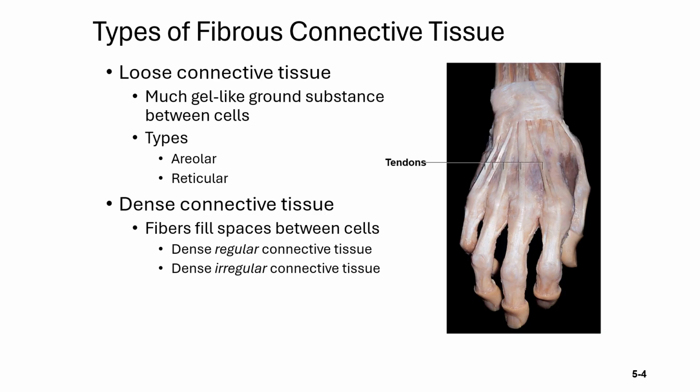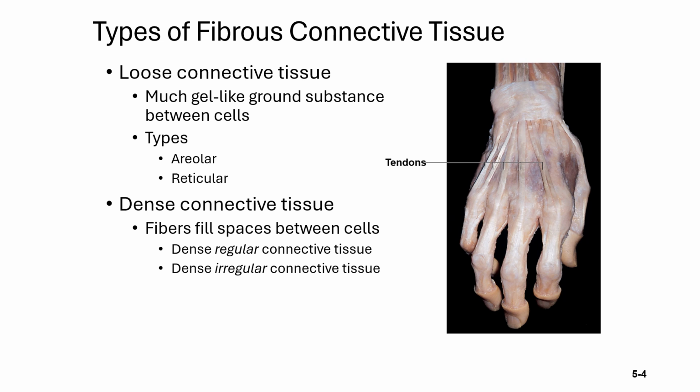So there are different types of connective tissue. There is the fibrous connective tissue, areolar connective tissue, reticular, dense regular, dense irregular, adipose tissue, cartilaginous tissue, bone, and blood. Blood is a connective tissue.